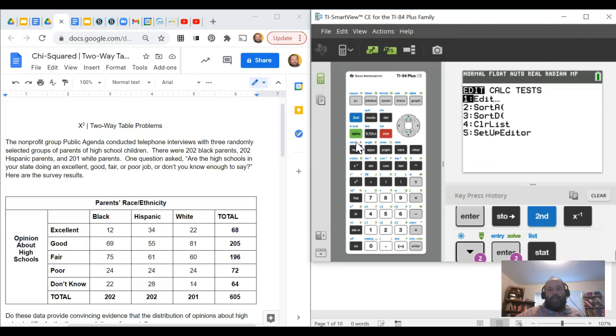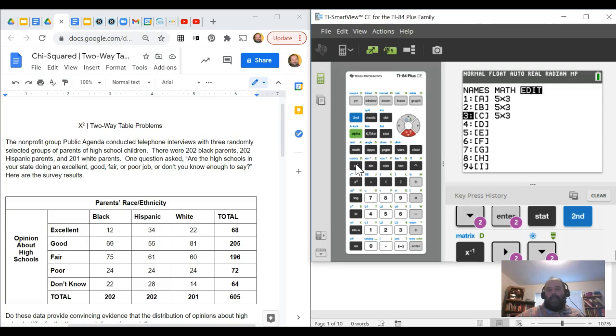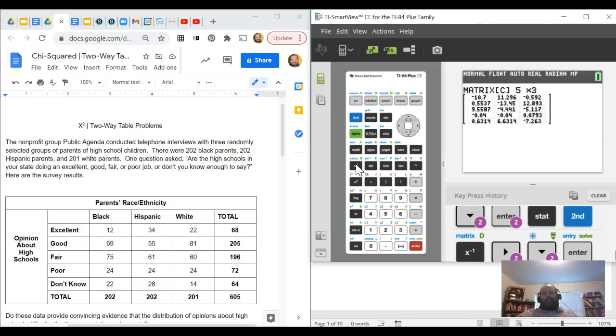So if I go to matrix and edit that matrix C, I can see where some of the biggest jumps in the numbers are. And there we go.